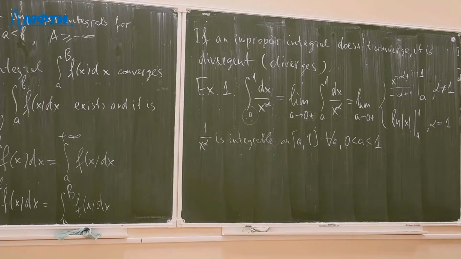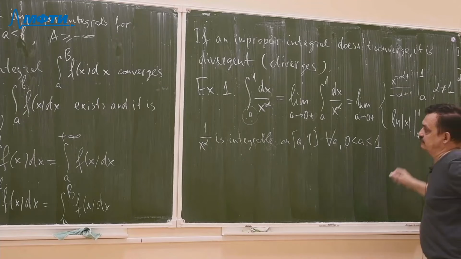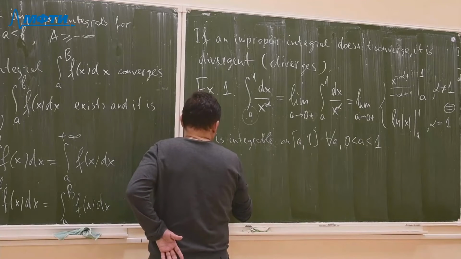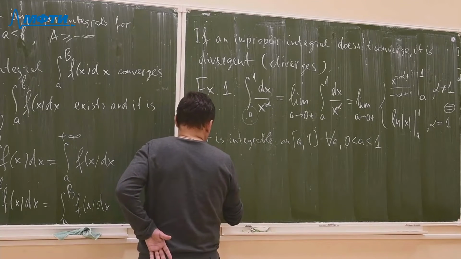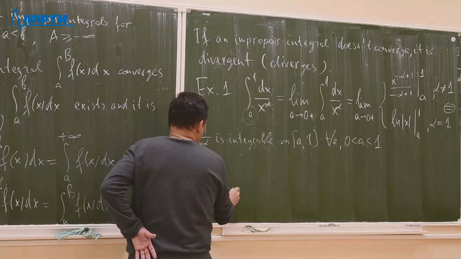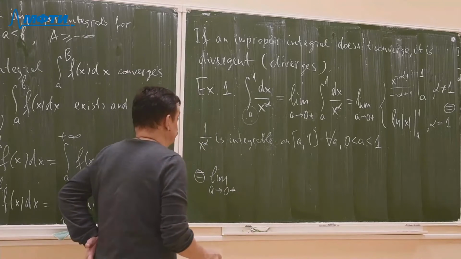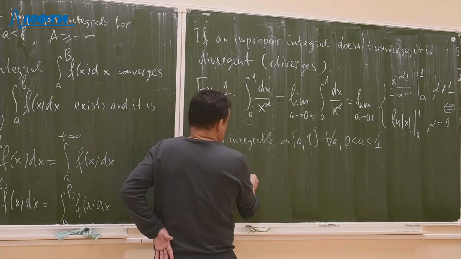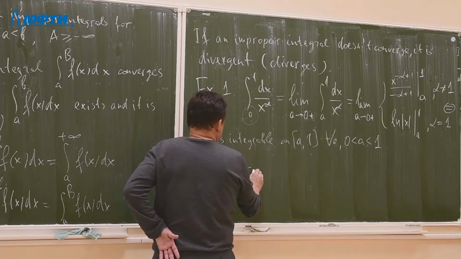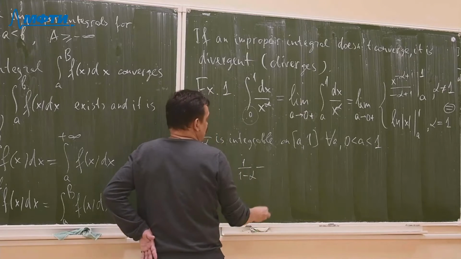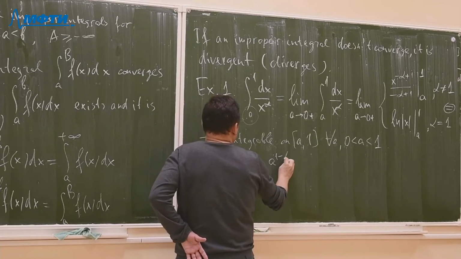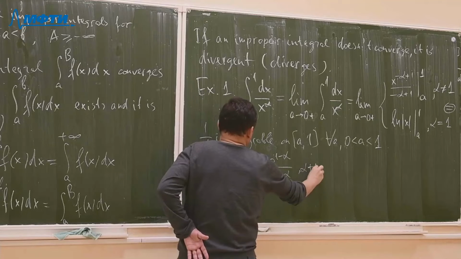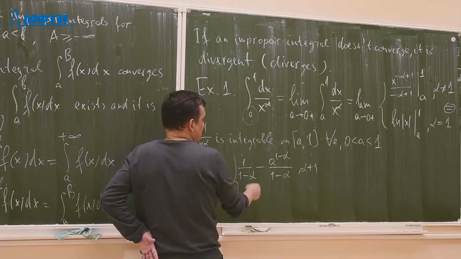Just computing the integral. Then we proceed as limit as a tends to 0 plus, okay, just compute: 1 over 1 minus alpha minus a to the power 1 minus alpha over 1 minus alpha, if alpha is not equal to 1, limit of this.